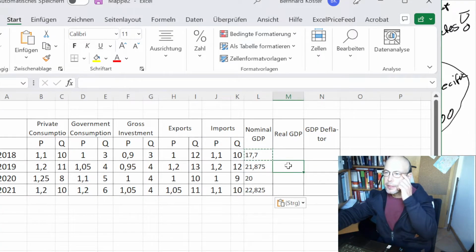And doing this means 2018 we cannot calculate, since we do not have the prices of 2017, so we can start here in 2019, and then we have to calculate quantities of 2019: 11 times 1, 4 times 1, 4 times 0.9, plus 13 times 1, minus 12 times 1.